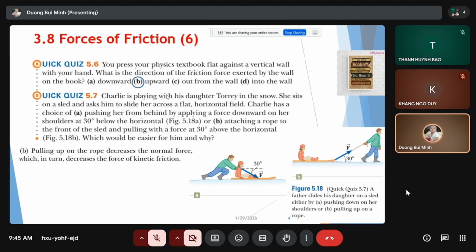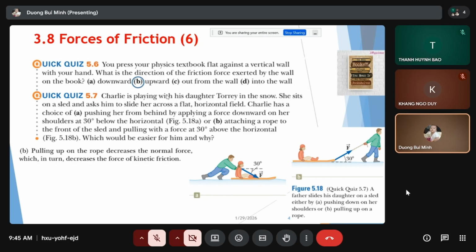But for the normal force, the object will contact the surface, and we need to consider the normal force. So the normal force will be mg plus F sine 30 degrees in case A, and here we have the normal force mg minus F sine 30.